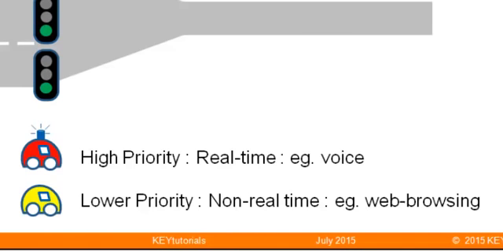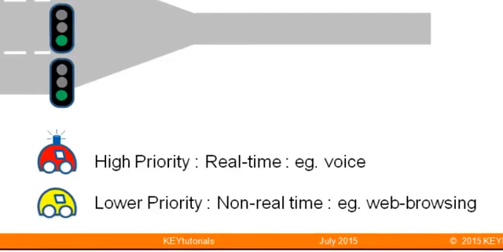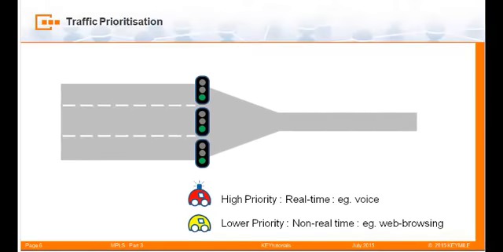So, in the world of communications, how do we label one packet as high priority and another as lower priority? Well, let's get stuck straight into looking at an IP packet header.